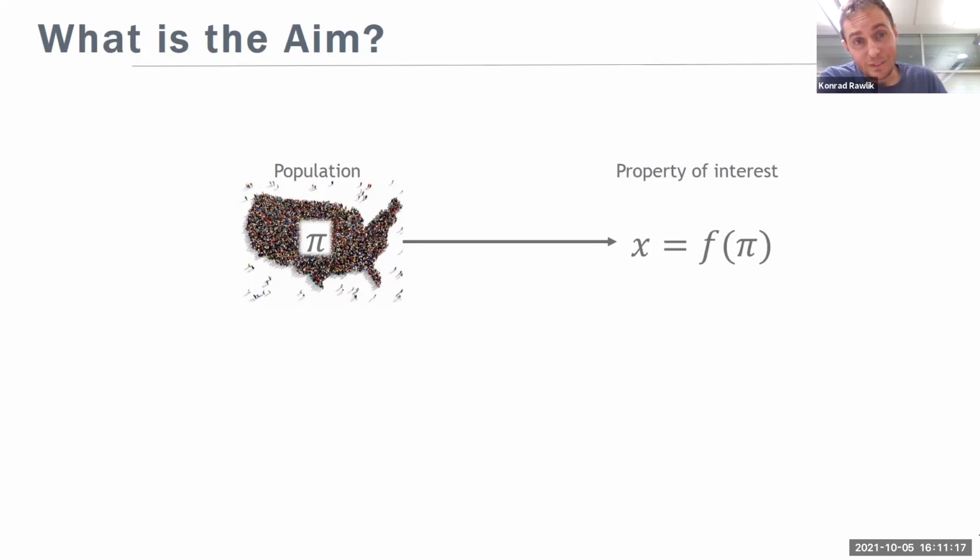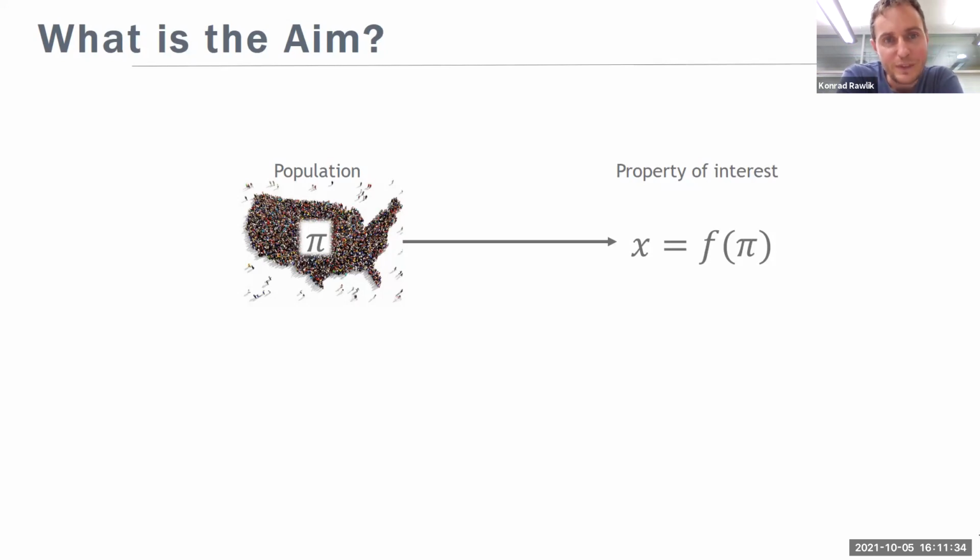The problem obviously is that we've got little idea of what pi is. In particular, we can't just write down pi. It's basically somewhere out there in the real world. So we've got no way of directly computing X, the property that we're interested in.